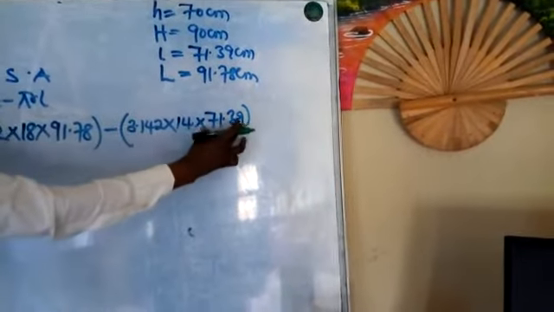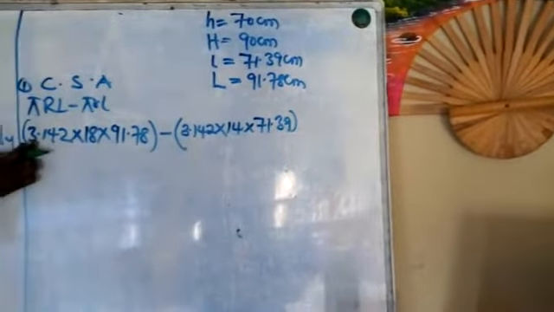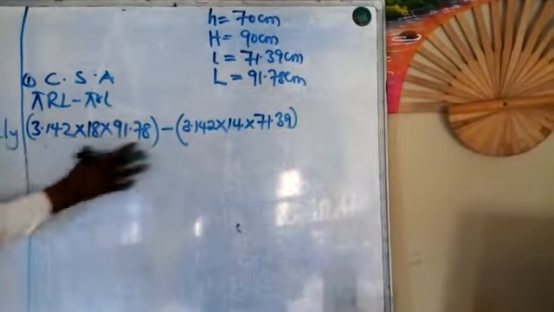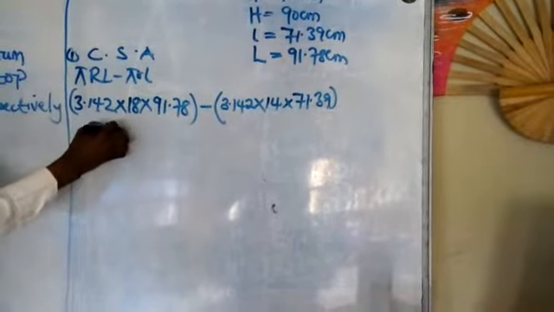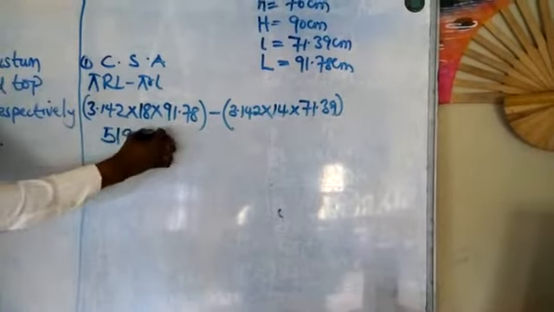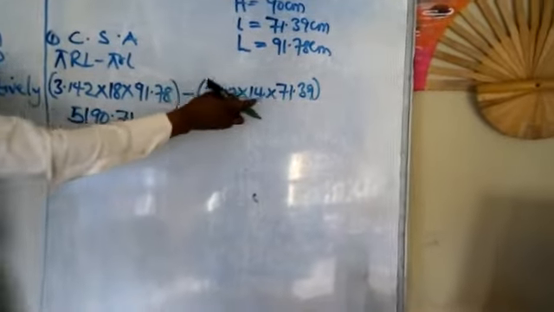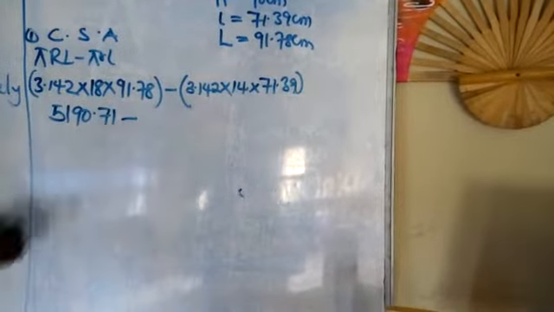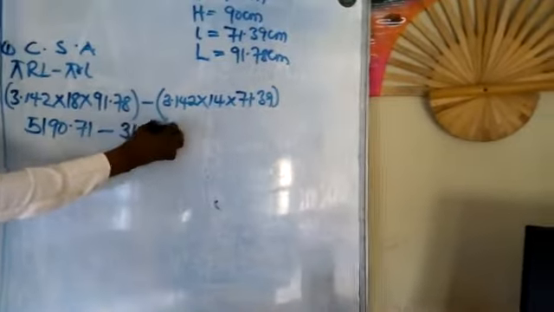You see, assuming you have not solved for these parameters, it becomes very difficult. By the time you multiply 3.142 times 18 times 91.78, you are going to arrive at 5190.71. Minus, by the time you evaluate 3.142 times 14 times 71.39, you get 3140.30.